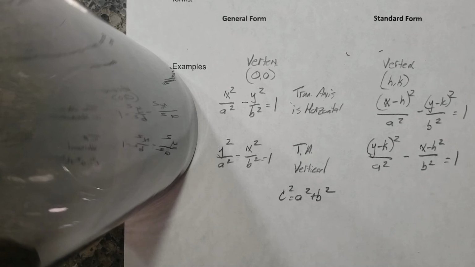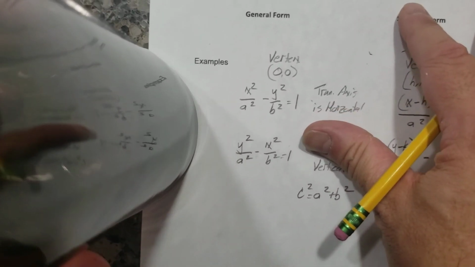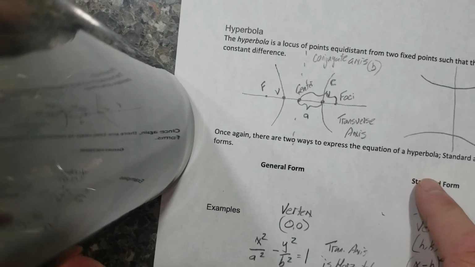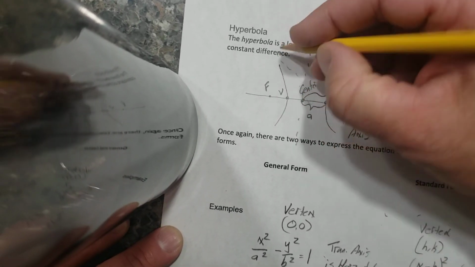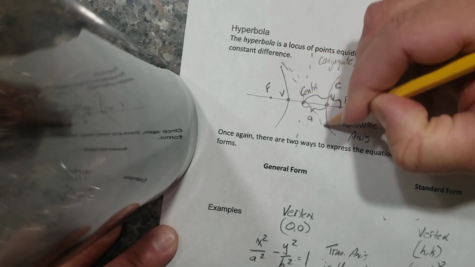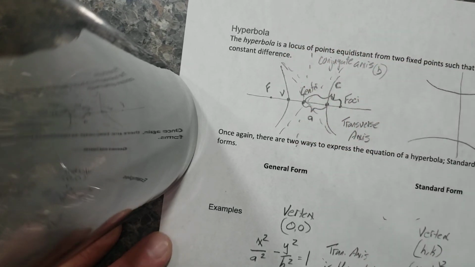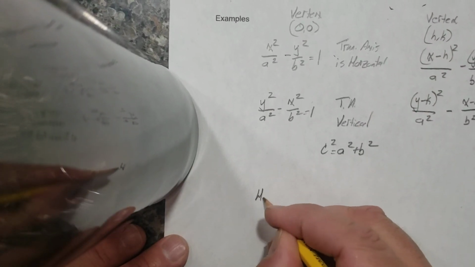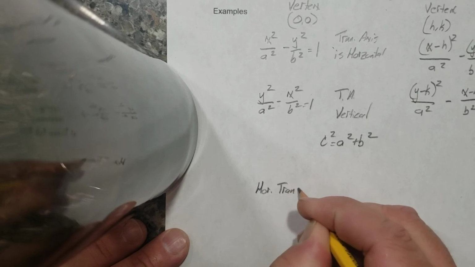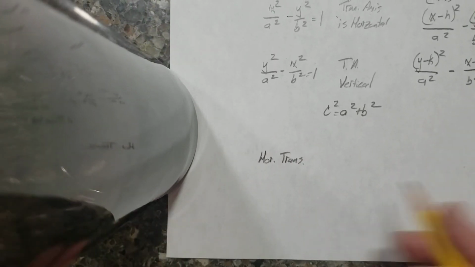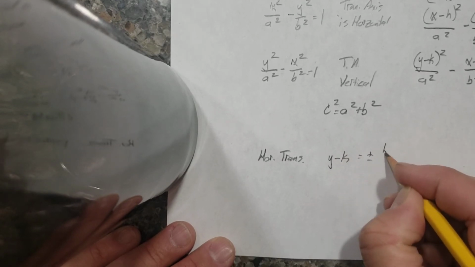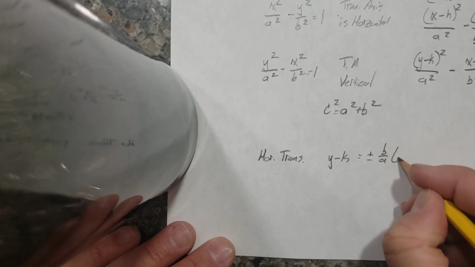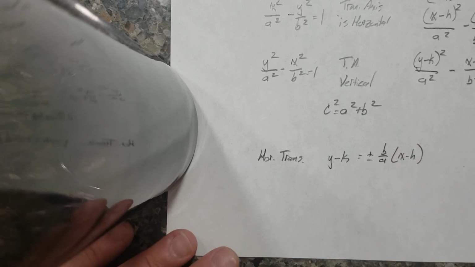Now there's a couple other things we're going to talk about. There are oblique asymptotes, the asymptotes that go right down through your center. To find those, when you have a horizontal transverse axis, it is y minus k equals plus or minus b over a times (x minus h).